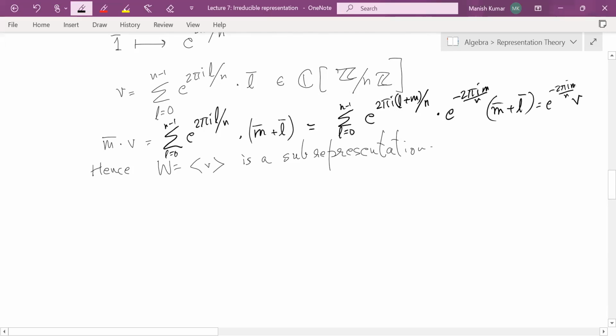Running l from 0 to n minus 1 is the same as running m plus l from m to m plus n minus 1.